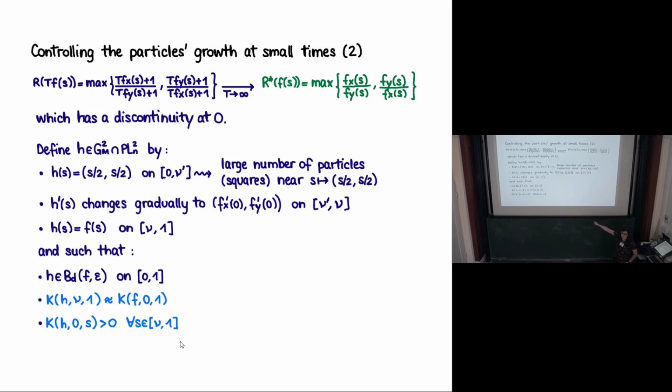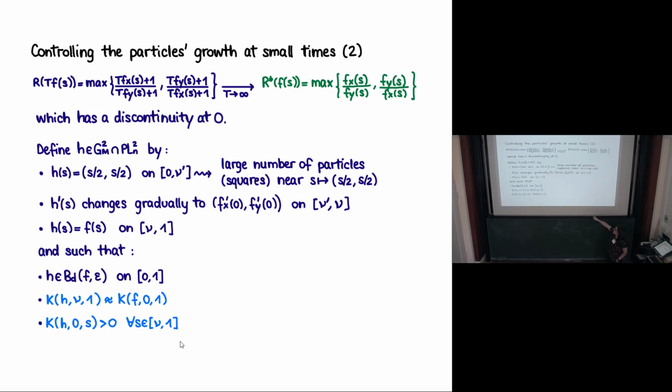H has two identical components. So if you think of the fragmentation, this means that the two components are identical. So this is going to be a square. So what I'm asking is that a lot of particles follow H, but because of my definition, a square is a preferred shape. So I mean, this intuitively is telling me that it will work. I will be able to show that a lot of particles are squares, right?